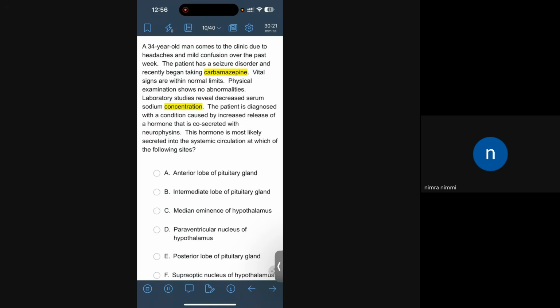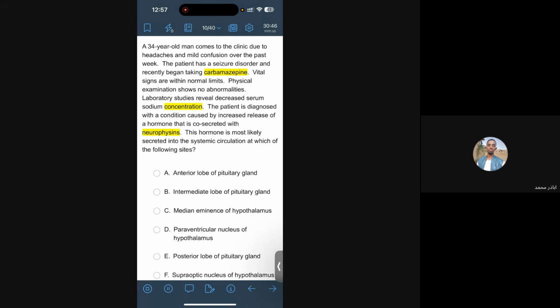And the hormone is co-secreted with neurophysins. Carbamazepine, headache, mild confusion, low sodium, and neurophysin. What hormone comes to mind? Carbamazepine affects the secretion of what hormone?